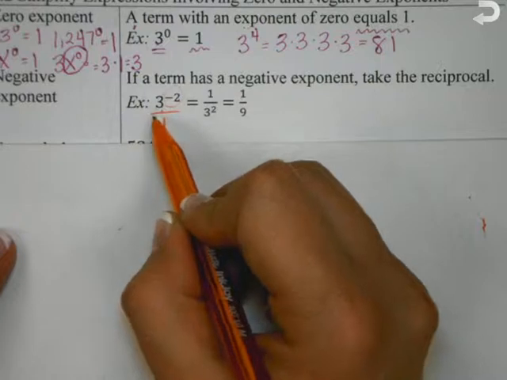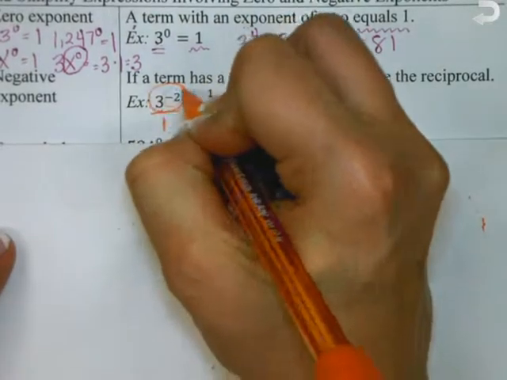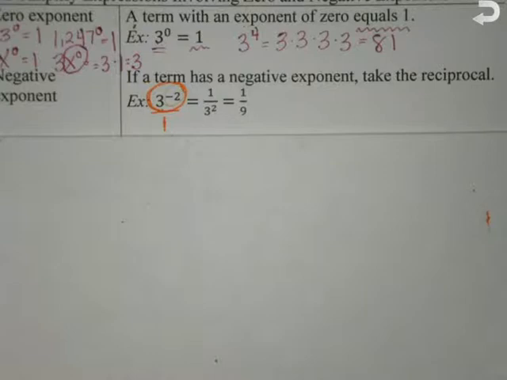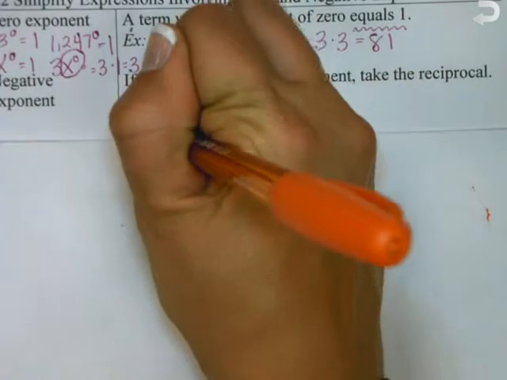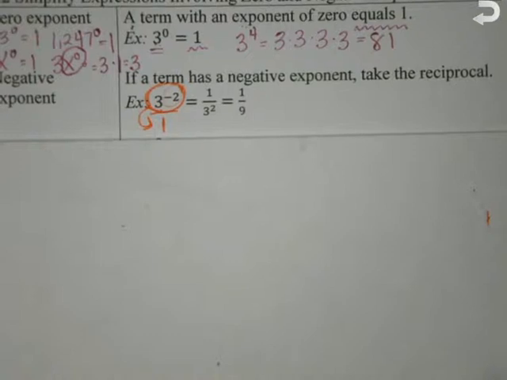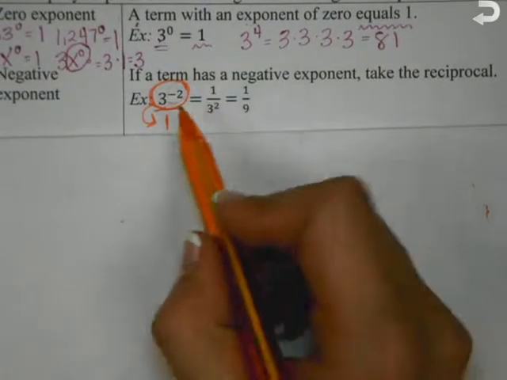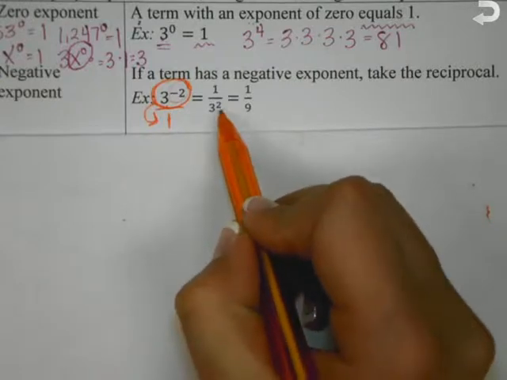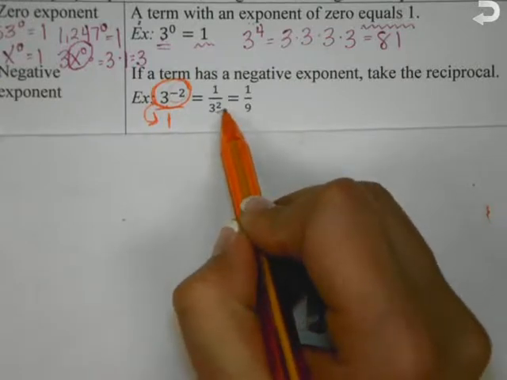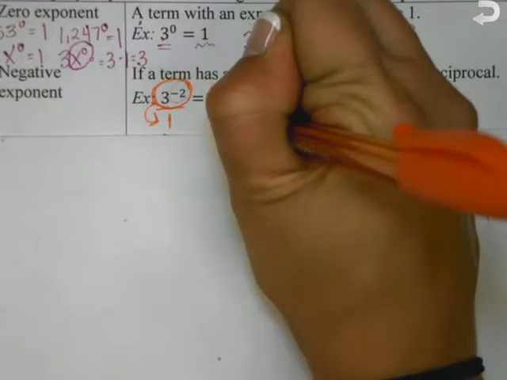So we take that guy with the negative exponent, just the one that it's attached to, and we move it either upstairs or downstairs, depending on where it is in the problem. When I move it, now it's in the right spot, correct? So that exponent becomes positive. 3 squared is 9, so your answer, simplified, is 1 over 9.